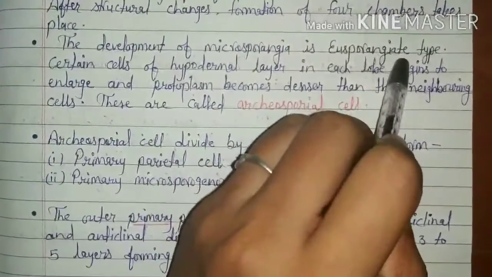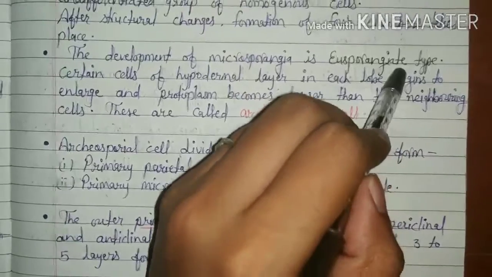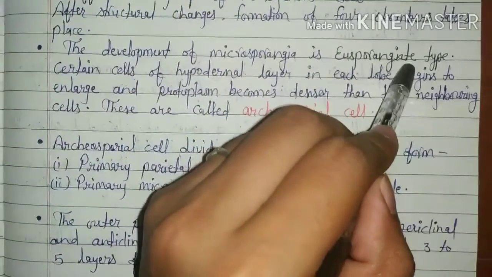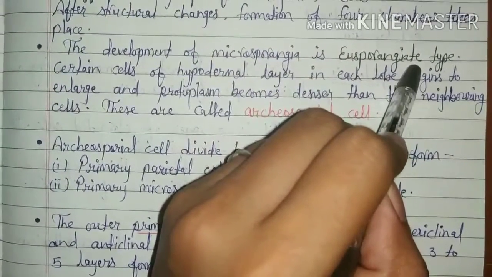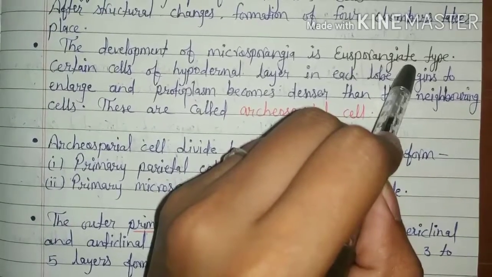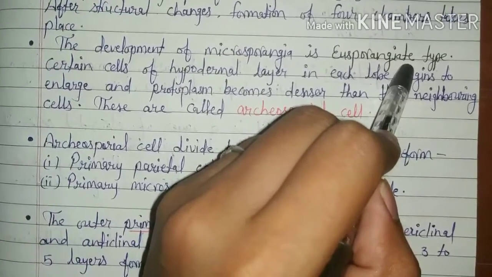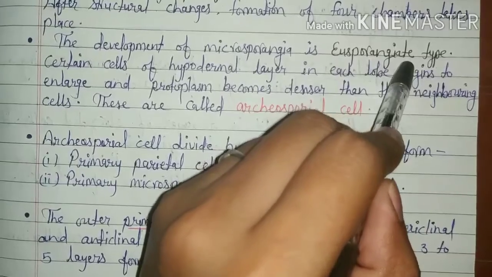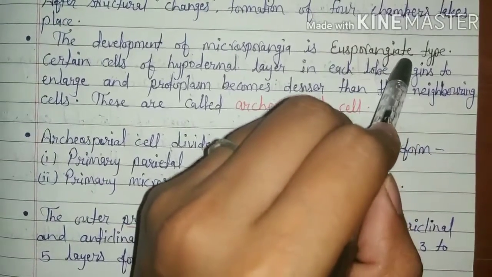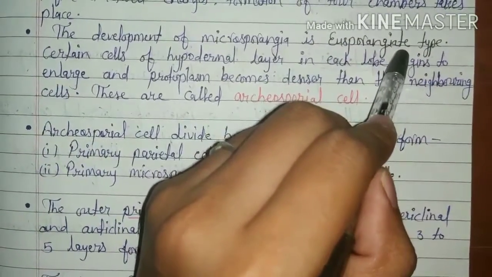Eusporangiate type means pollen sacs or microsporangia are developed hypodermically as 4 strips of archaeosporium, one at each corner of the anther. So, such development is called eusporangiate type.